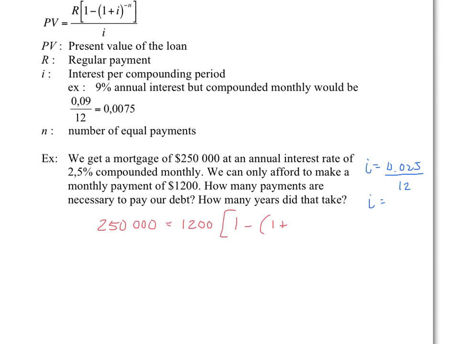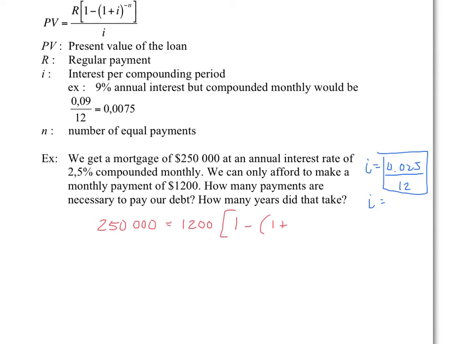So 0.025 divided by 12. Here we don't have an exact value because if you look in your calculator, you've got a decimal value that continues to infinity. So I'm going to use this value specifically like that because that is an exact value.